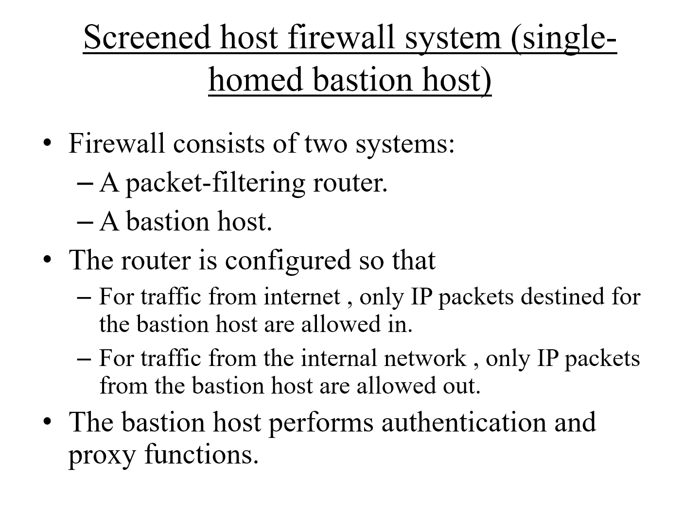Screened host firewall system, dual homed bastion host. This is similar to the single homed system, but the bastion host has two connections, one to the internal network and one to a separate DMZ, a middle zone between the trusted and untrusted network. This configuration adds an extra layer by creating a subnet, a smaller network between the internal network and the external one.